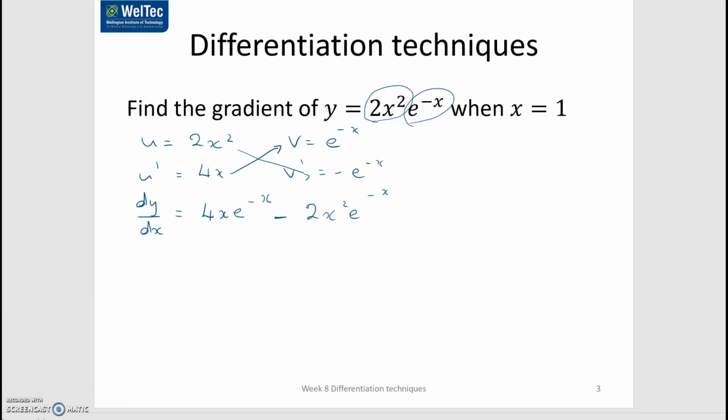We're asked, now we need to finish the question, to find that when x is equal to 1. So all we have to do is pop 1 into our calculators in that function, and we get approximately 0.736, which will tell us that the slope of that curve is 0.736 when x is equal to 1.